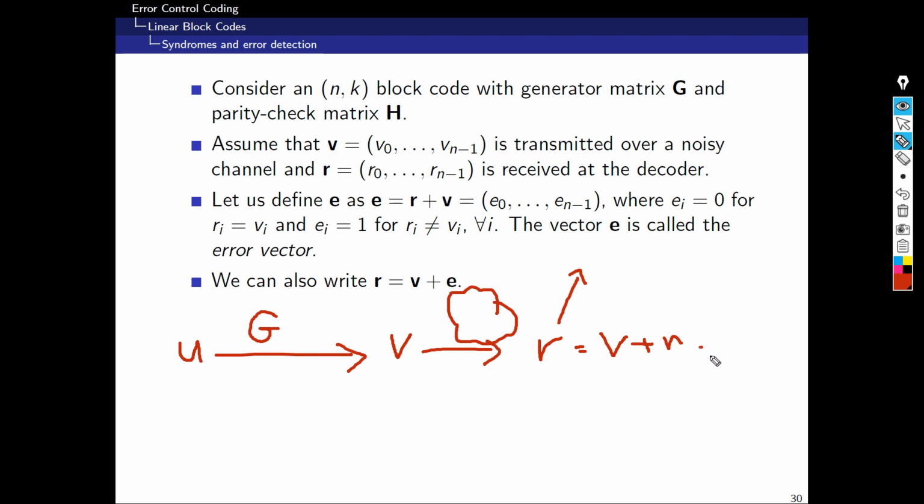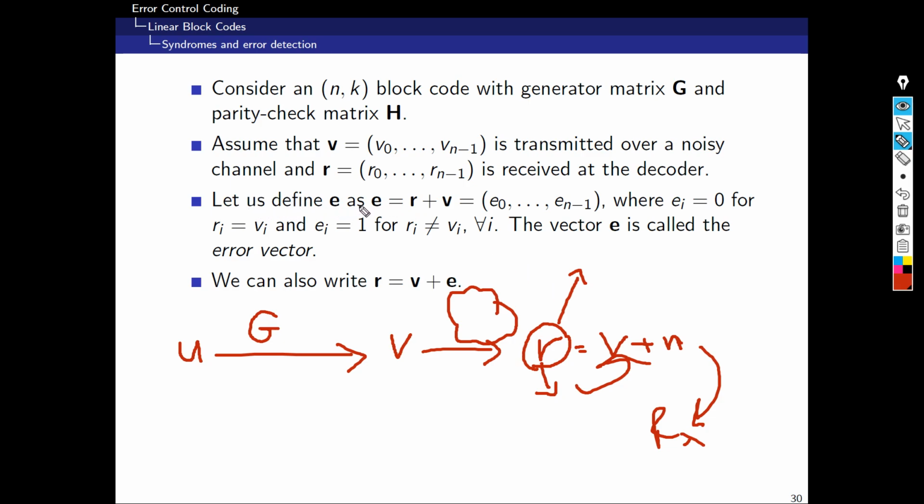We are at the receiver side, we receive R, and we want to determine from R. We don't know V, we don't know the noise N, but you only know R. From R, you need to guess what was V.